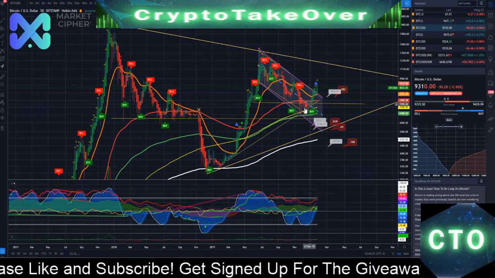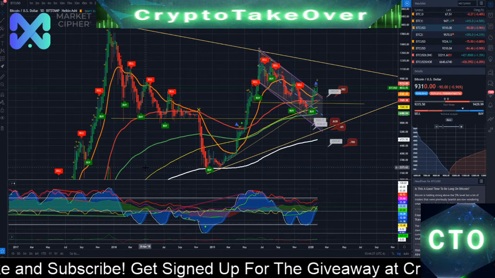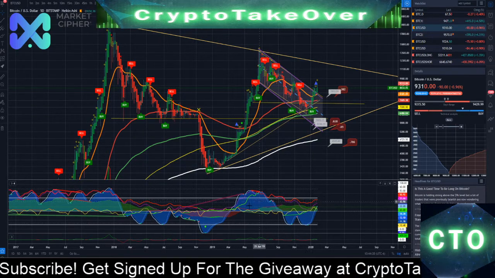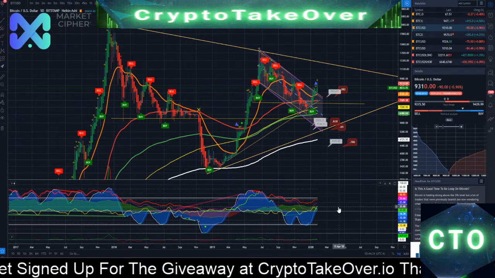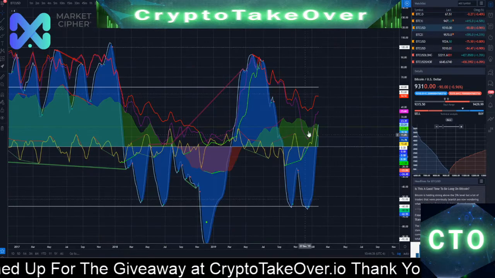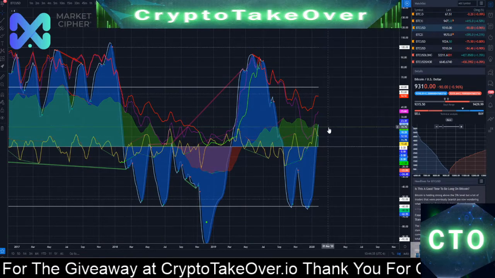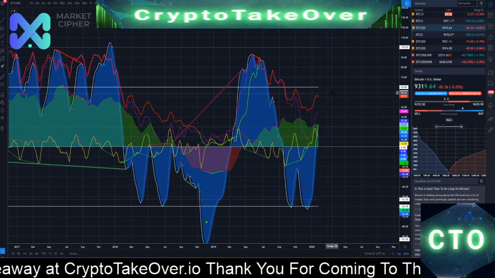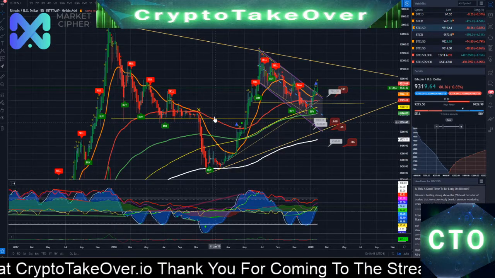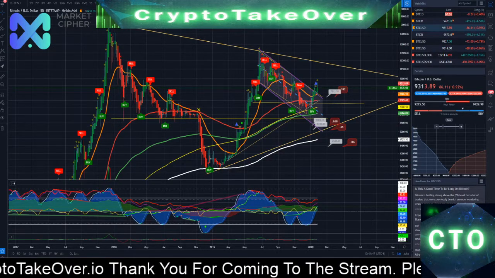We're making some closes above it as well too. Our money flow's not looking too bearish at the moment, but it could continue further to the downside. Let's zoom in here just a tad bit. As you can see, it's starting to round just a tad bit, which could mean that we could come back down. But as of right now, it does kind of seem like the bulls just want to push this up.